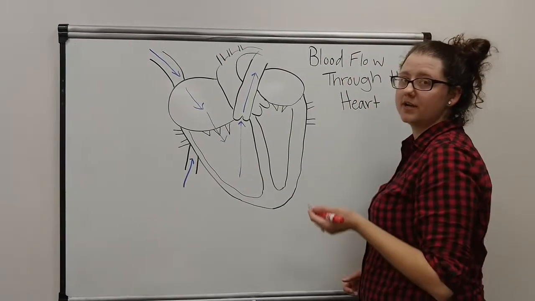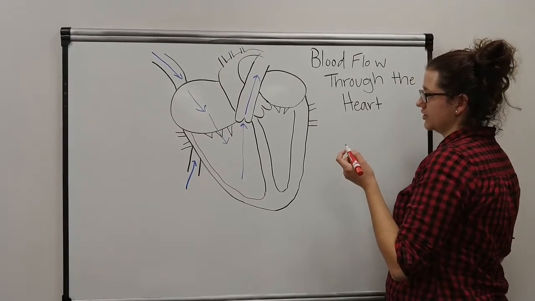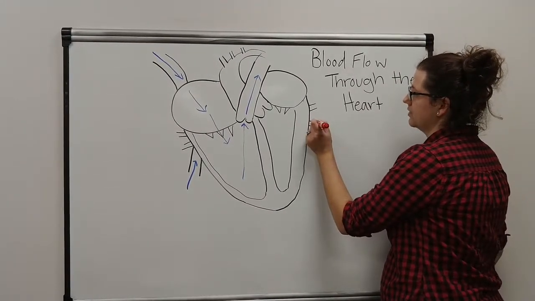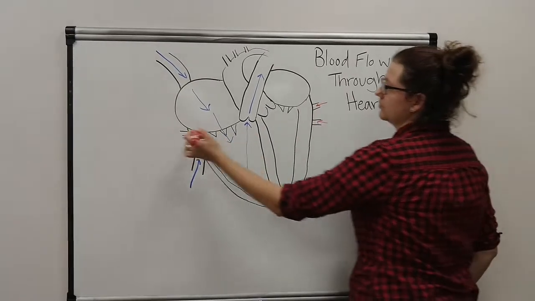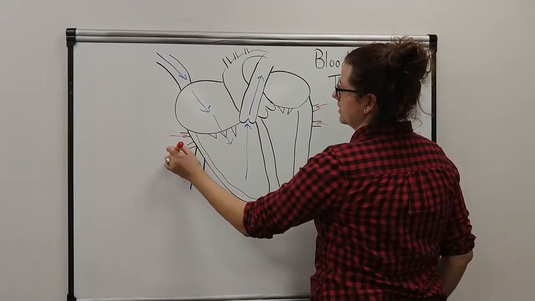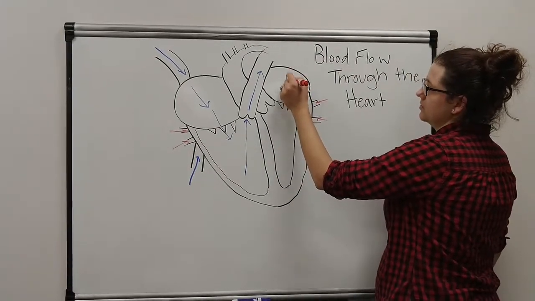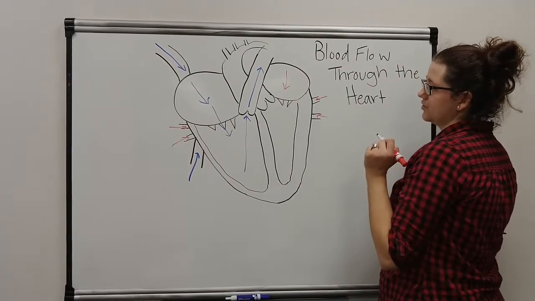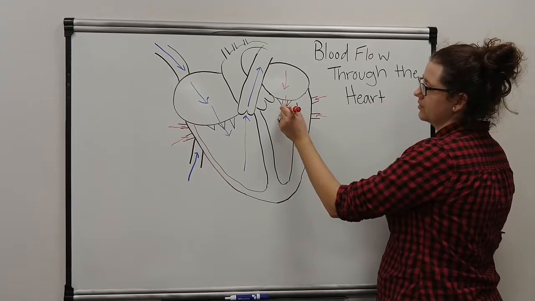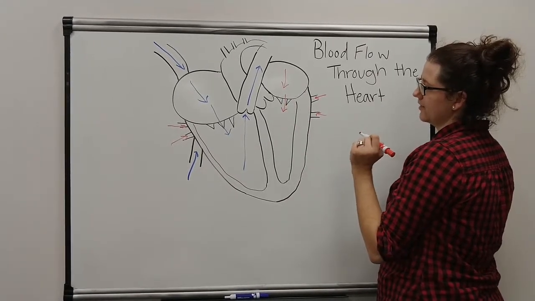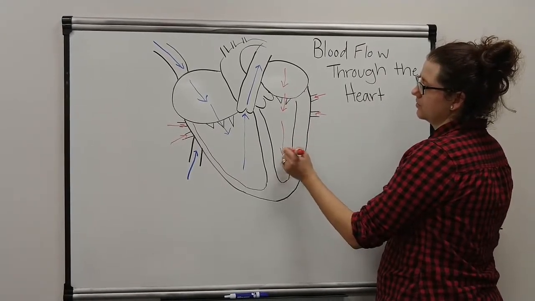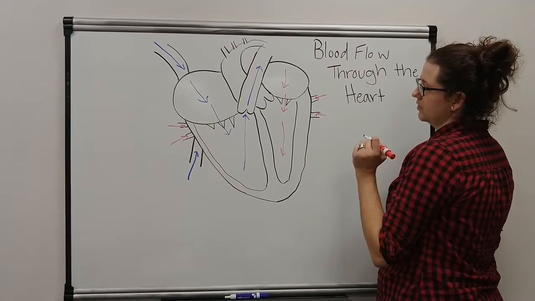The blood returning to the heart is oxygenated and it enters through the pulmonary veins, which are at the posterior side of the heart. This blood comes into the left atrium through the bicuspid or mitral valve and into the left ventricle.